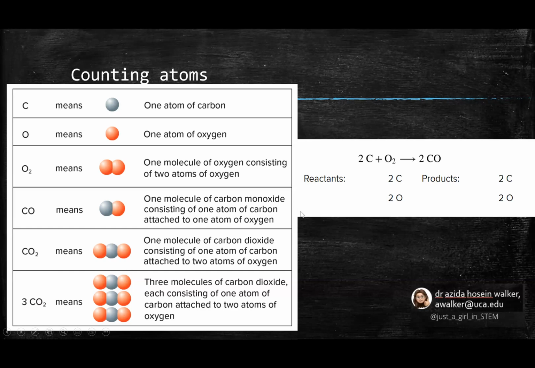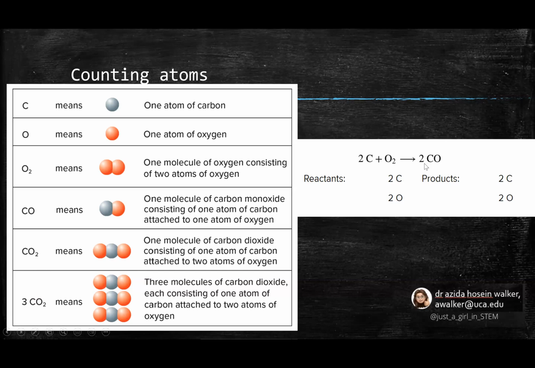All right, so when we start counting, let's go back to our equation here. In this case, we have 2 in front of the C. That means we have 2 atoms of carbon. We also have a 2 here with our diatomic oxygen. And so we have 2 carbons and 2 oxygen when we're adding just the atoms together.